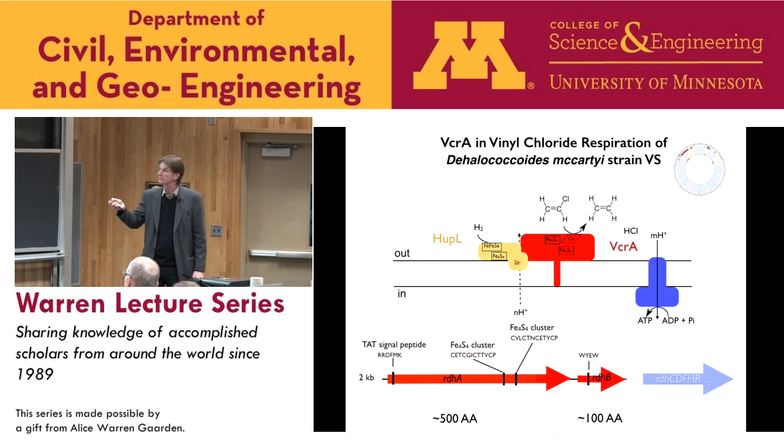But in this case, coenzyme B12 is involved in a net redox reaction. That's a totally new function. Moreover, this coenzyme B12 is found in the context of two 4-iron 4-sulfur clusters, which are involved in the electron relay to this active site. So it's really an unusual enzyme, this reductive dehalogenase.